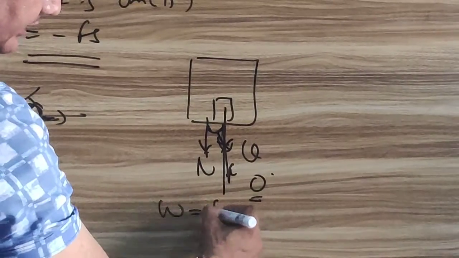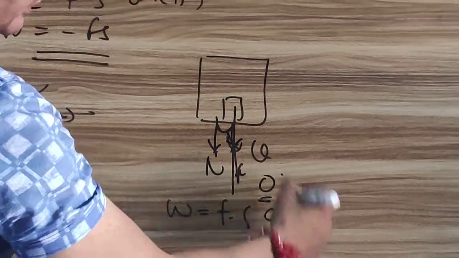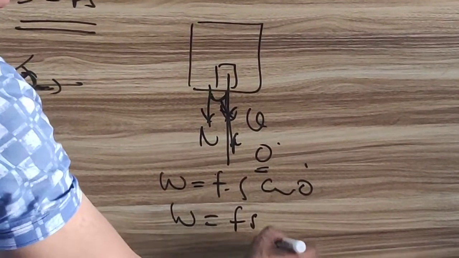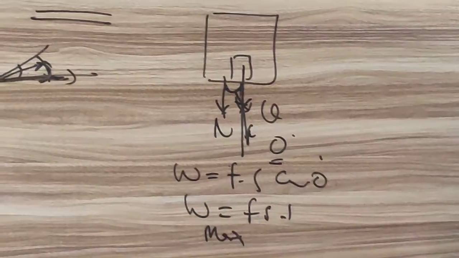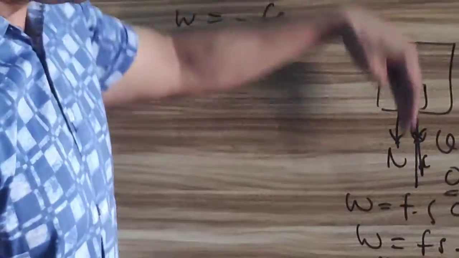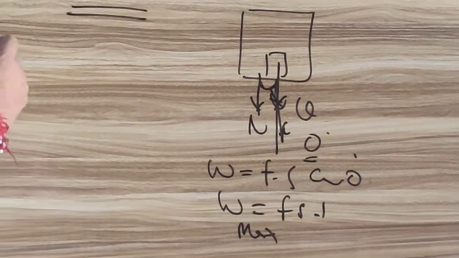Work done is nothing but, in this case, Fs cos theta, and that cos theta this time is 0 degrees, so W is Fs as cos 0 is 1. So here in this case, maximum work will be done when the force and the velocity are in the same direction. Okay, take another case.